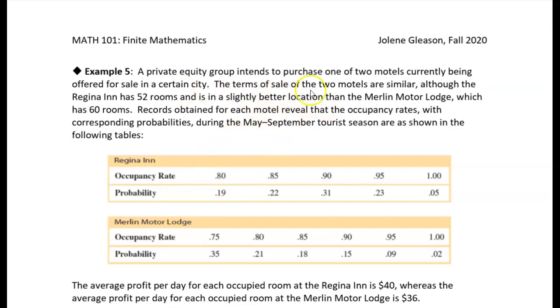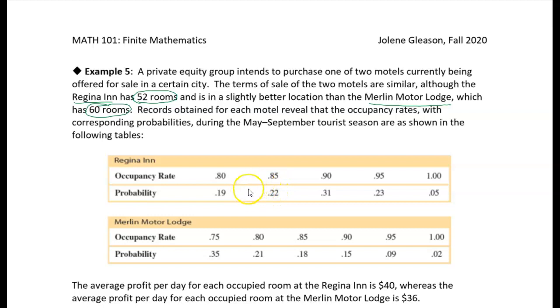Now it says that the two hotels are similar, although the Regina Inn has 52 rooms and is in a slightly better location than the Merlin Motor Lodge, which has 60 rooms. And then we have some information about their occupancy rate and associated relative frequencies or probabilities.